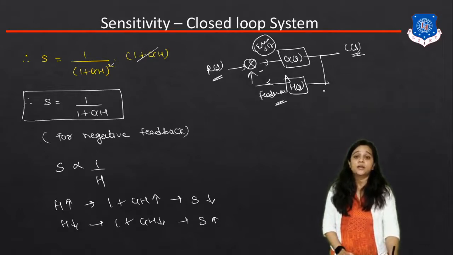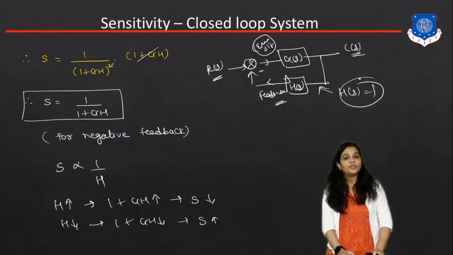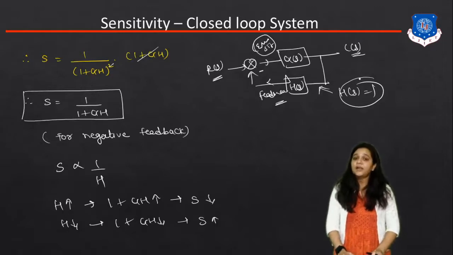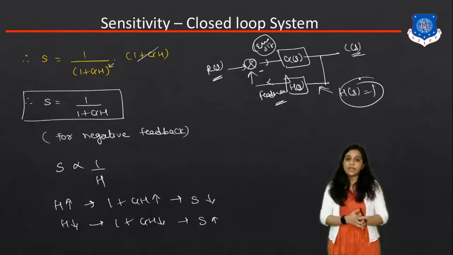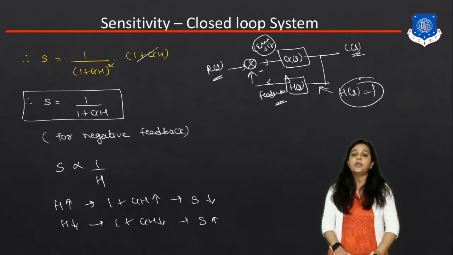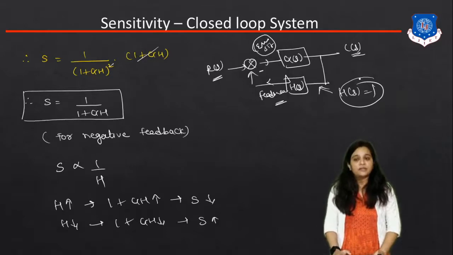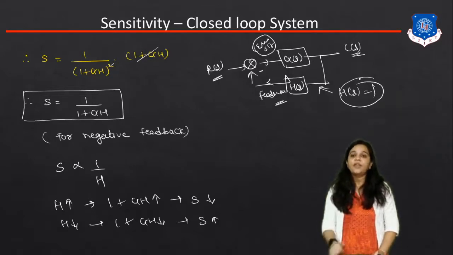As we discussed earlier in chapter number 2, in most block diagrams the value of the feedback will be 1, but they take the closed loop system instead of the open loop system, because the disadvantage of the open loop system is that whenever there are slight changes in the input data, the output will change, and that's why the value of the sensitivity will change.